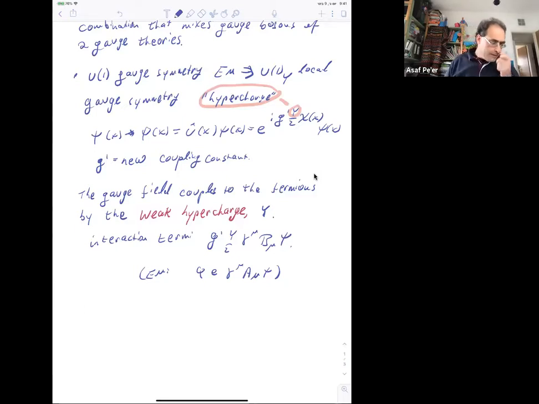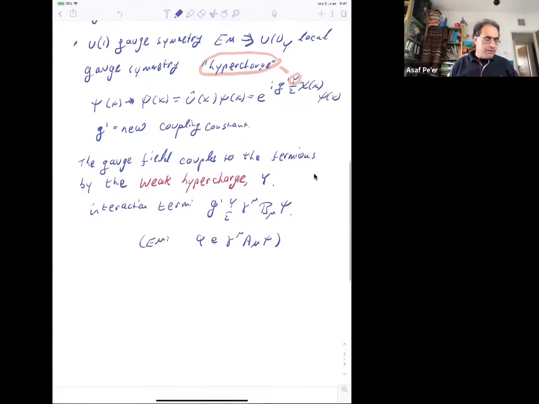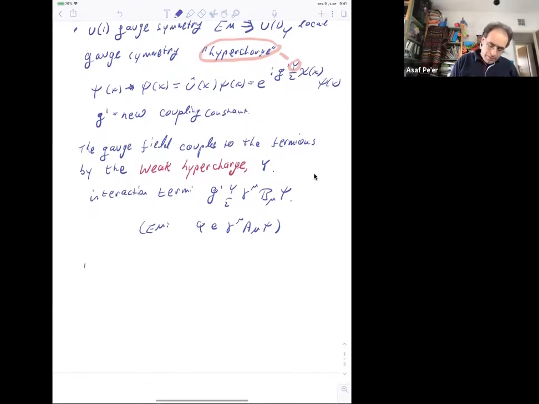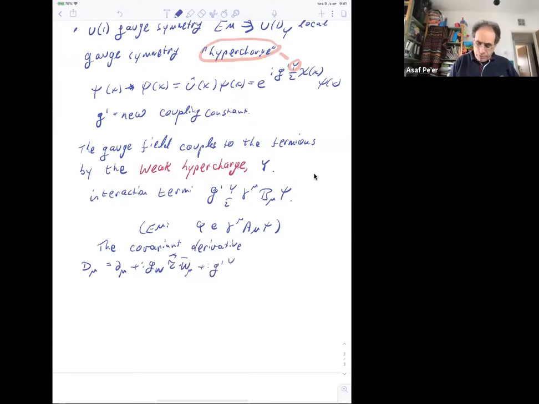And then with this additional term, the covariant derivative D mu is now d mu plus i g weak tau dot W mu, which we had previously, plus i g prime Y over 2 B mu.